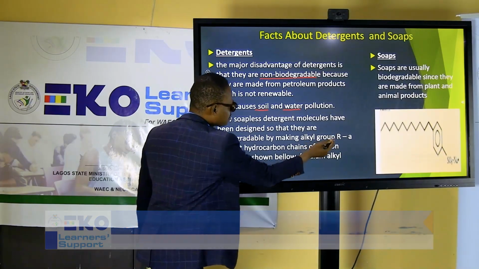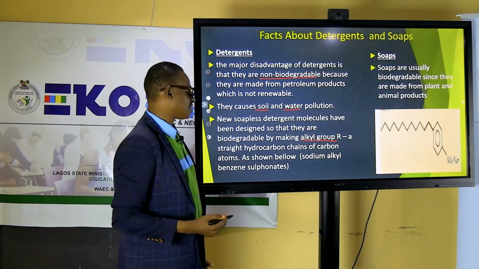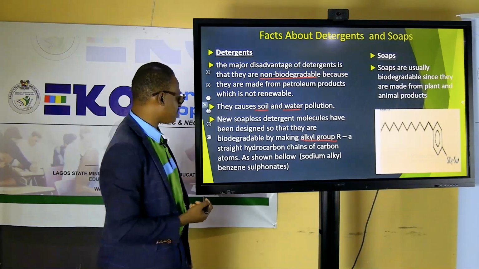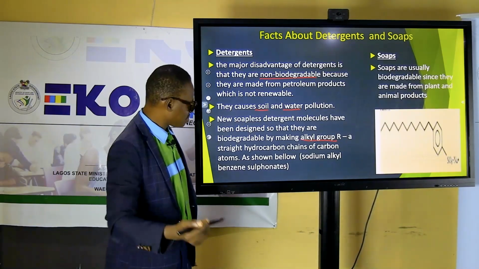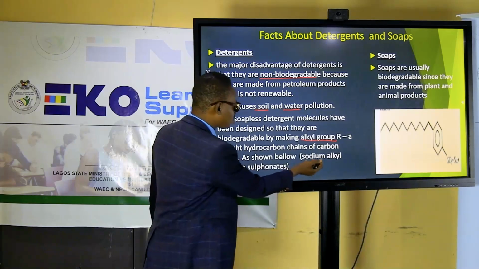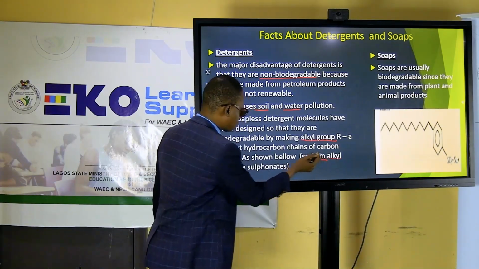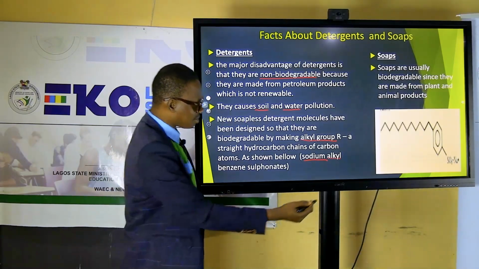In order to do this, the straight chain hydrocarbon needs to be adjusted by adding what we call sodium alkyl benzene sulfonate.